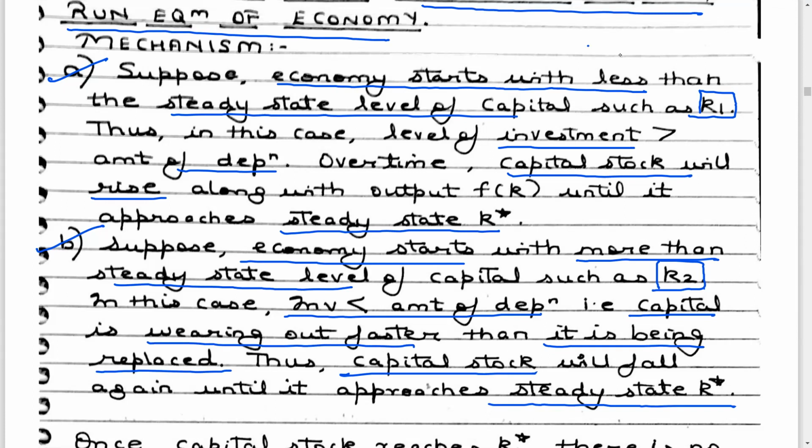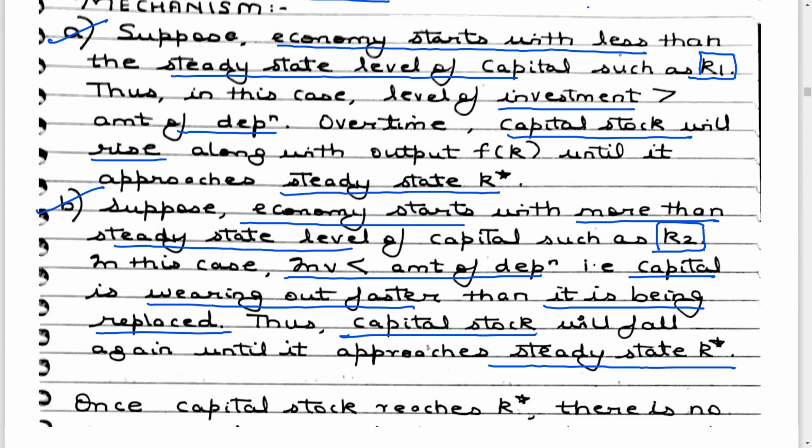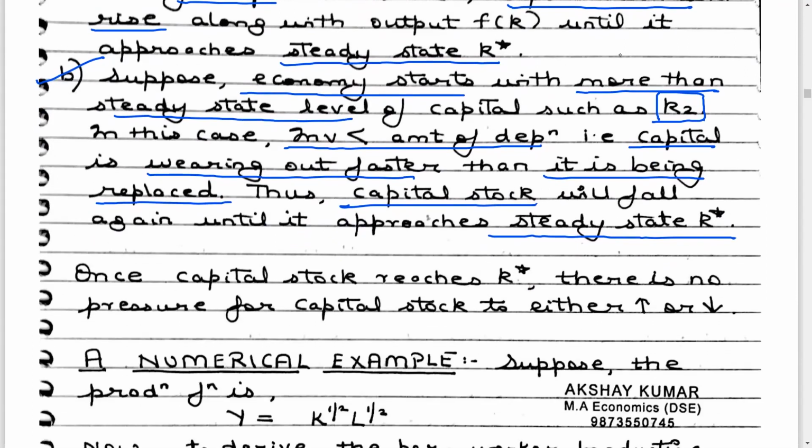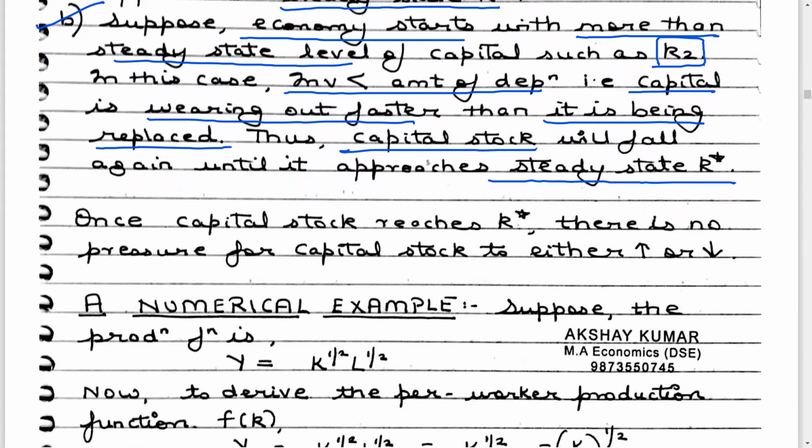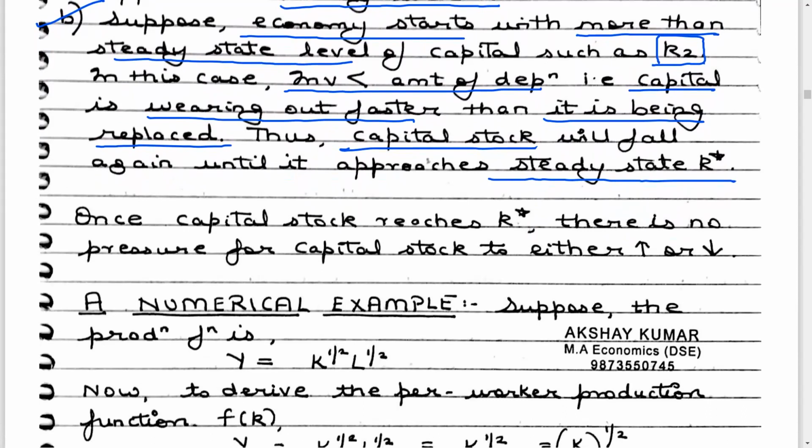So no matter from which level of capital stock per worker you start, you will ultimately converge to the steady state level of capital stock per worker, as explained by the Solow model. Once the capital stock reaches K star, there is no pressure for the capital stock to increase or decrease.